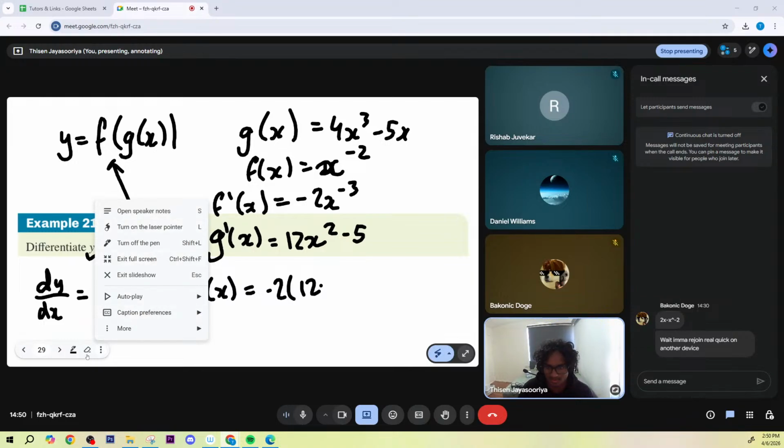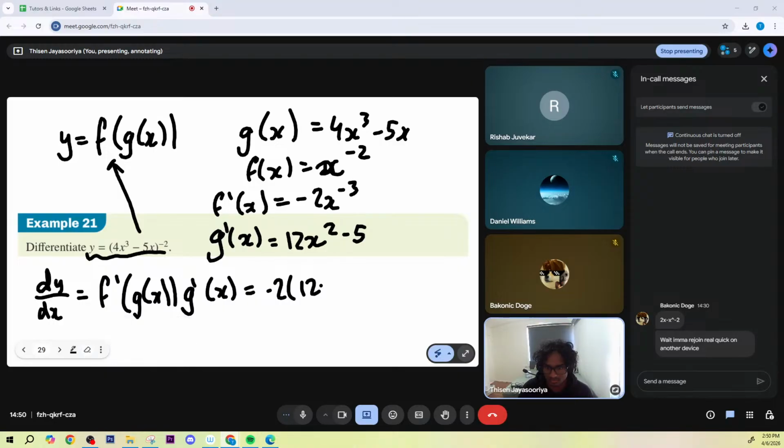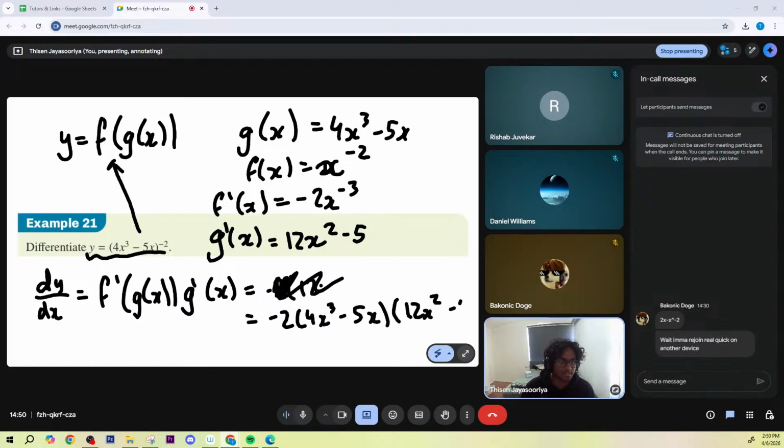Sorry, my bad. We get here -2 (4x to the third power, take 5x), brackets 12x squared, take 5. And this one's to the power of -3. Does that make sense?